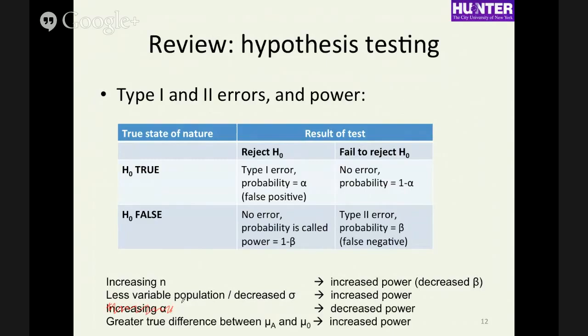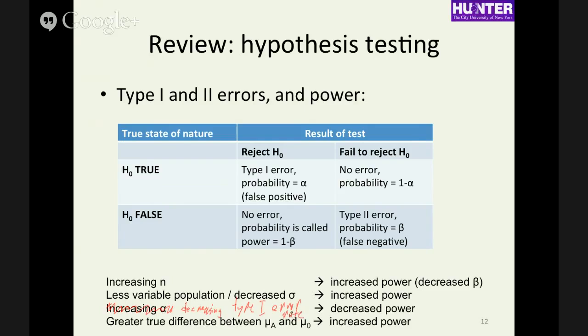I meant increasing the significance level, which is actually a smaller alpha, right? So let's call this decreasing type 1 error rate. That's clear.